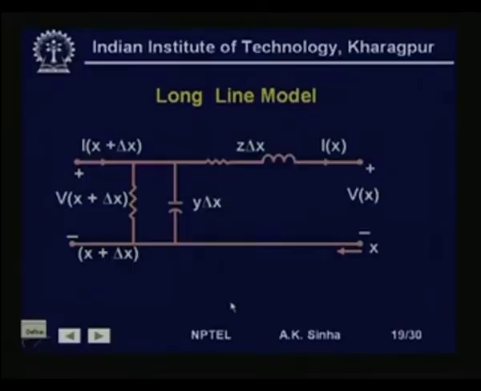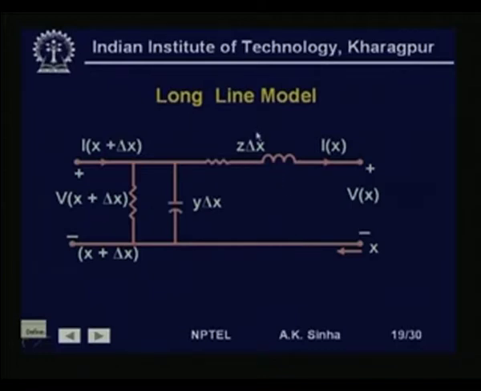Otherwise, the errors which will come because of using the lumped parameter model may not justify the simplification that we have used. So, here again we come back to the distributed parameter model.